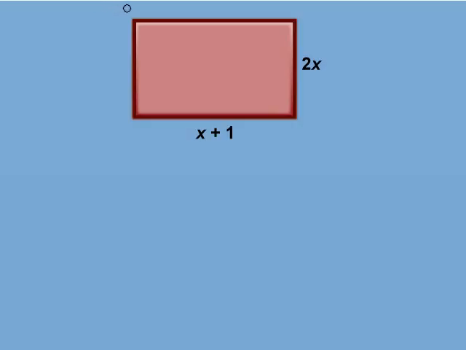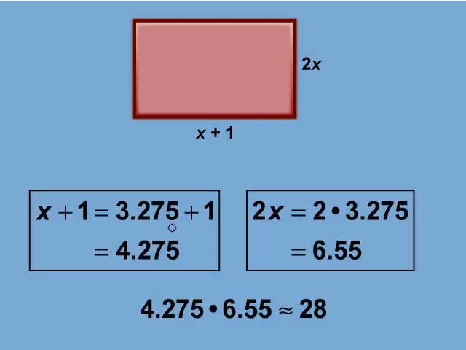Going back to the rectangle, we see that the only solution that works is 3.275. This makes the dimensions of the rectangle roughly 4.275 by 6.55. Multiplying these values gives us an area of about 28.